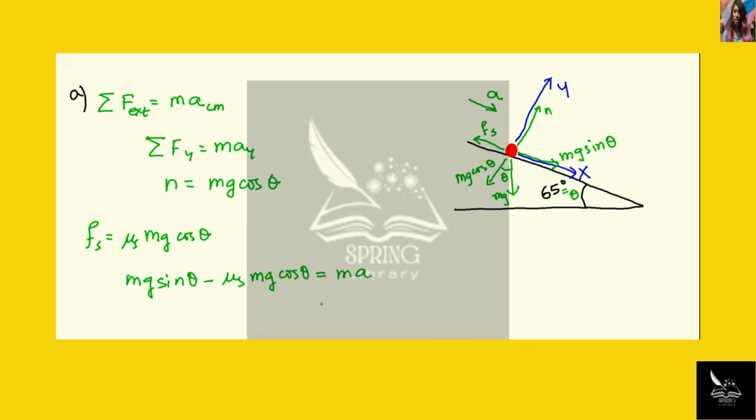And from here, if we get rid of the m's, we get g times sine theta minus mu s cosine theta, which is equal to a. Right. So we have figured out the equations of motion for the linear direction.